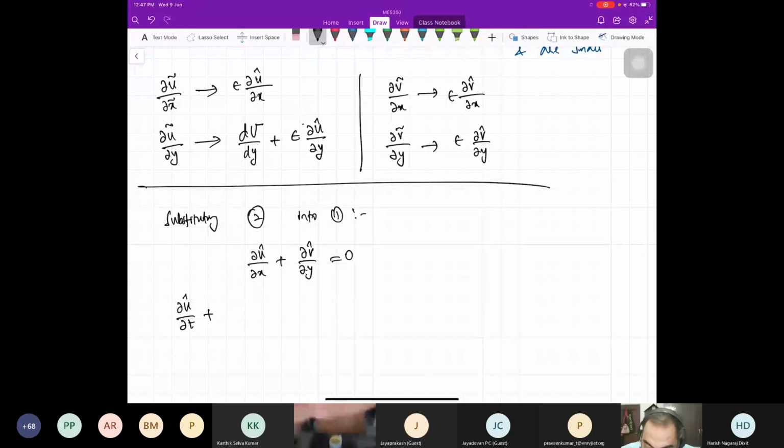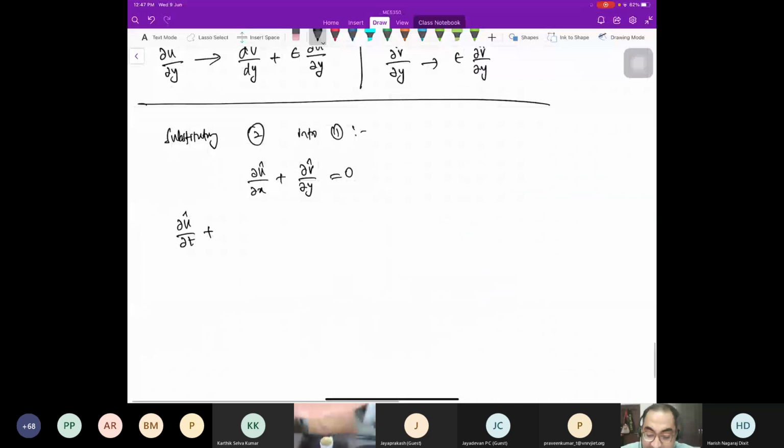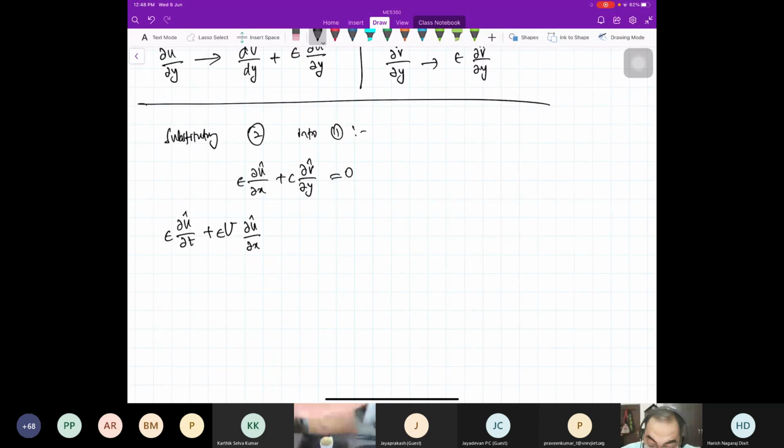That's the first term. I have u del u by del x. I have capital U del u hat by del x. Remember, there's an epsilon here, epsilon here. Similarly, epsilon in both terms.